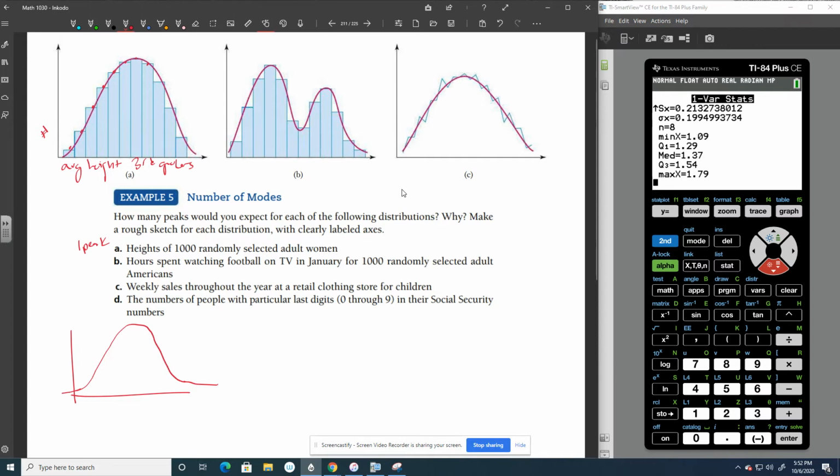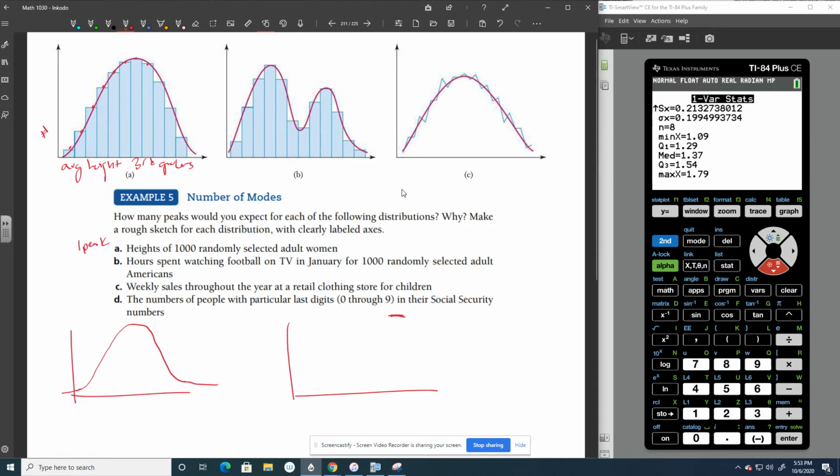Part B, hours spent watching football on TV in January. If I'm looking at people watching TV, you're going to have some people that watch a whole bunch of football, and then you're going to have some people that don't watch a lot of football. But this one is probably going to have more than one peak because you have two different groups of fans.